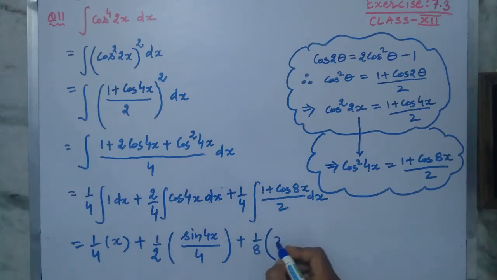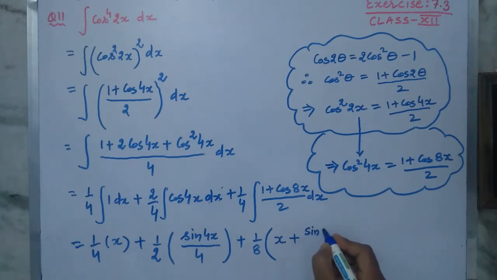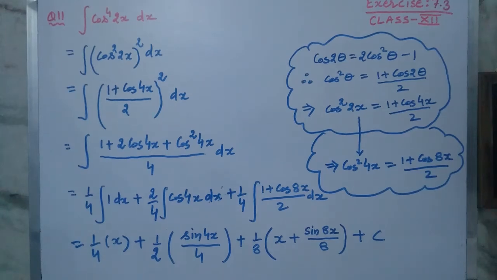Integration of 1 is x plus integration of cos 8x is sin 8x upon 8 plus c, the constant of integration.